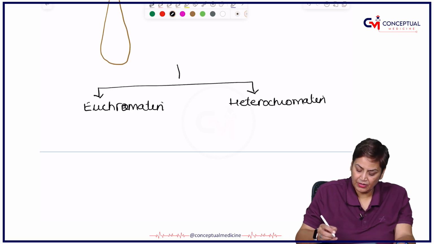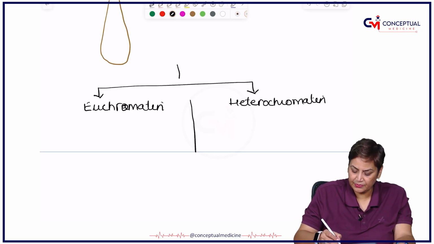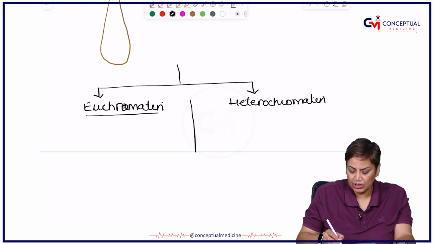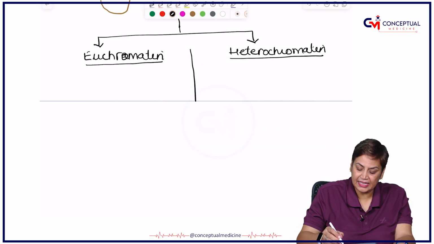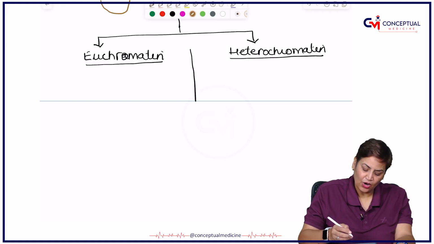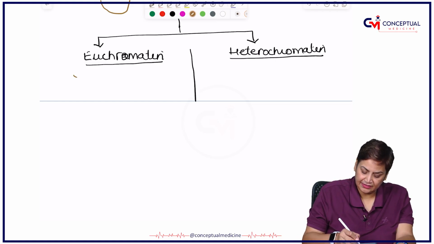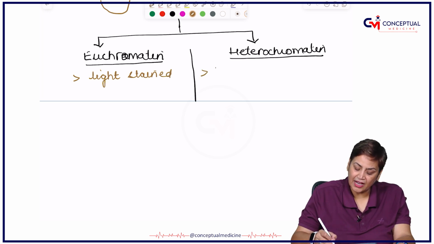So if we talk about the differences between them, euchromatin is an area which is less stained or light stained, right, and heterochromatin is darkly stained.